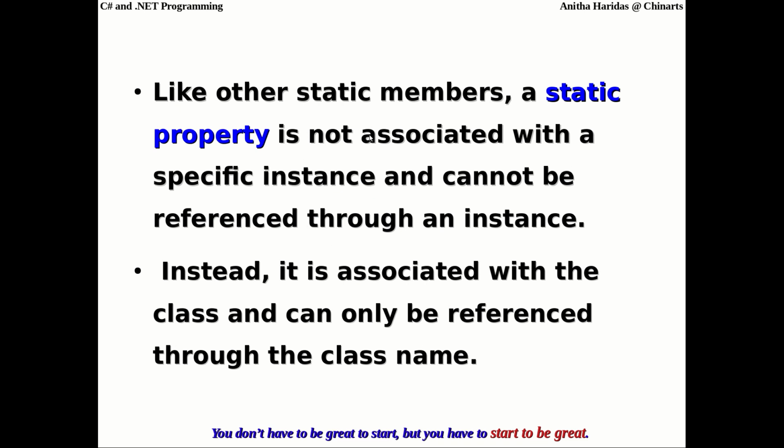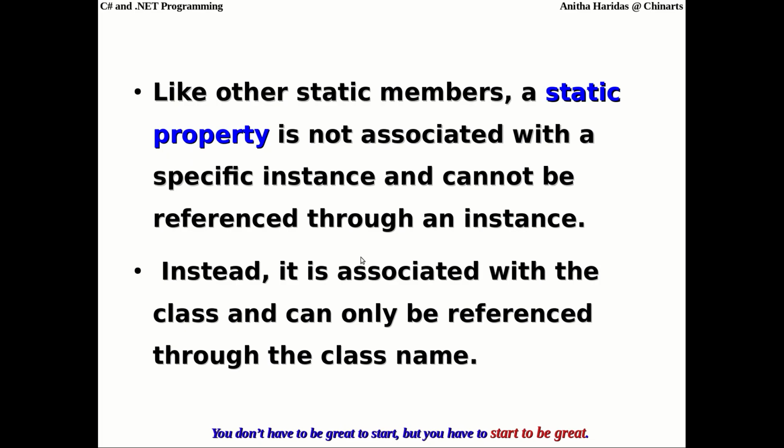Then, like other static members, a static property is not associated with a specific instance and it cannot be referenced through an instance. Instead, it is always associated with the class and can only be referenced through the class name. It is similar to your static data member.